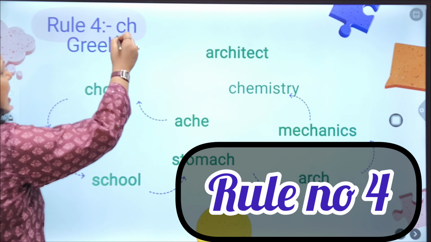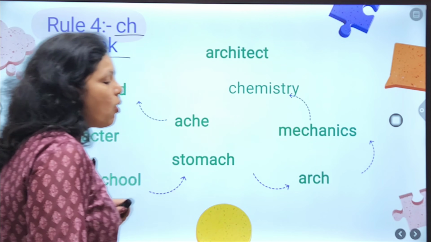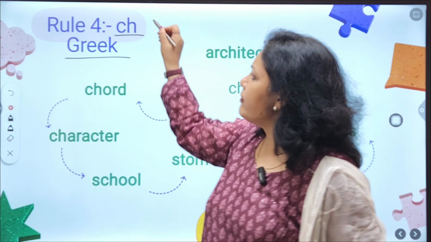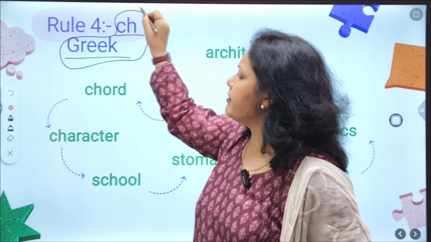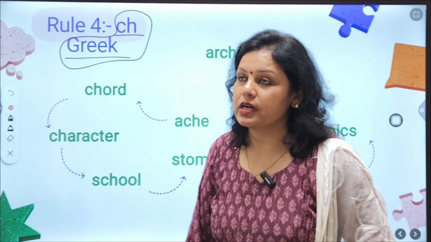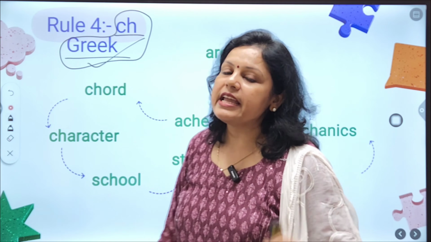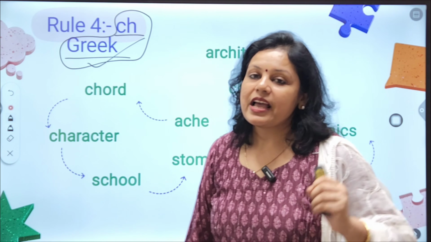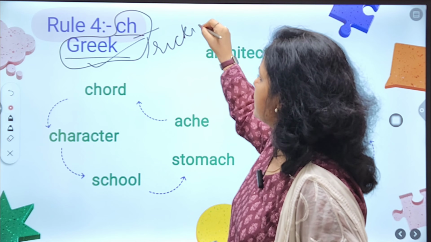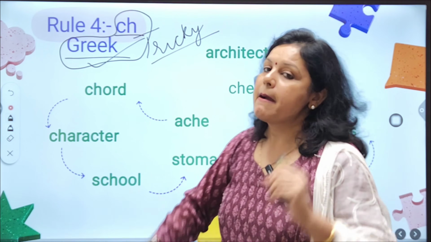So let us see the fourth rule quickly here, which says that the letters CH also give you the K sound. But whenever the letter combination CH is giving you the K sound, these will not be English words, but these are all Greek-originated words, and that is why they all come under the category of tricky words, and these words need to be mugged up.